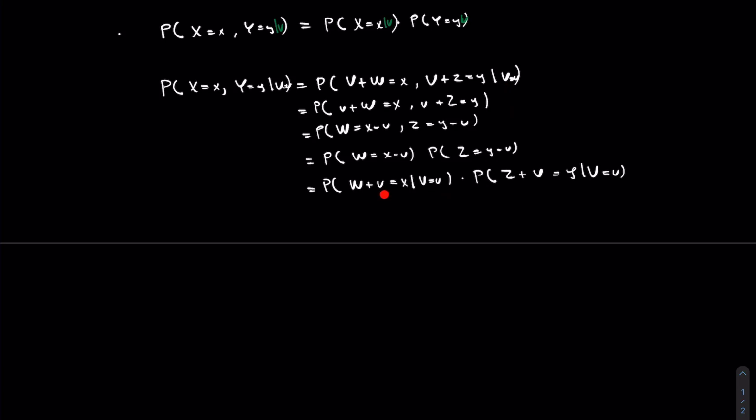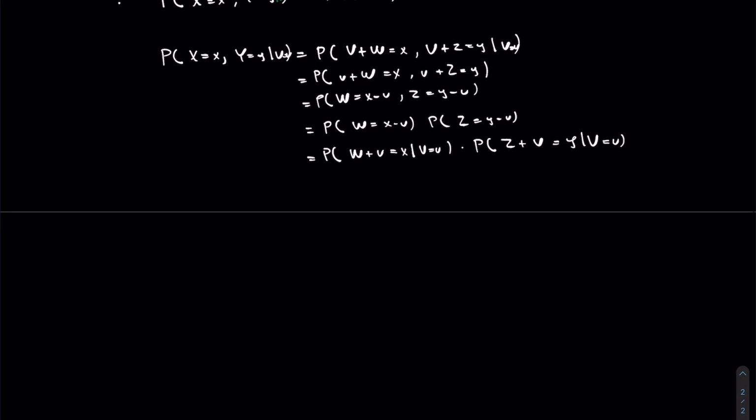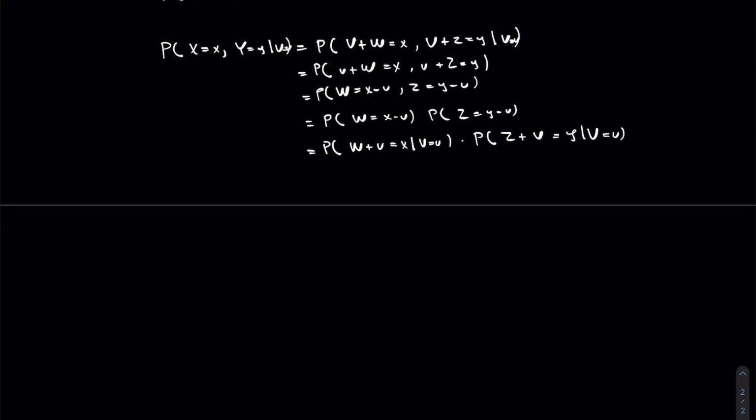But we need to have the V's here being the random variables of interest. So now we can add back X equals x, conditioning on V, and the same with Y, conditioning on capital V, like so.